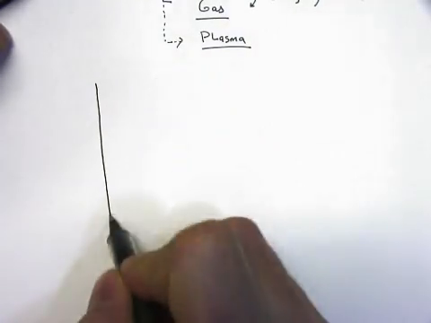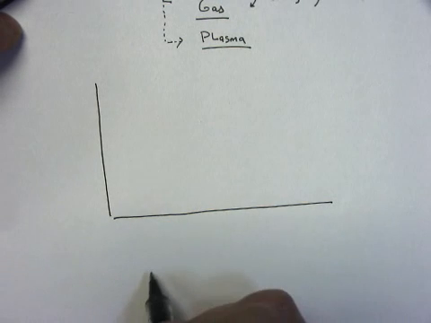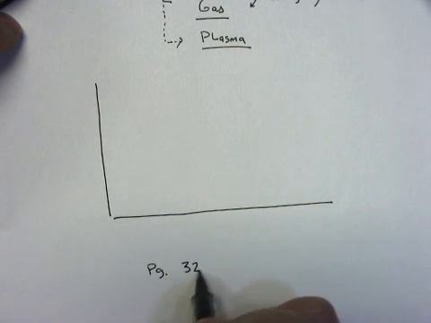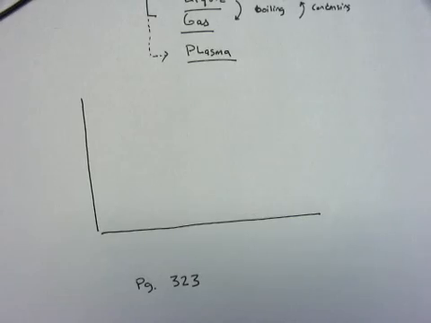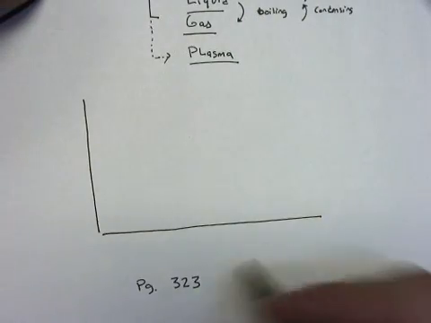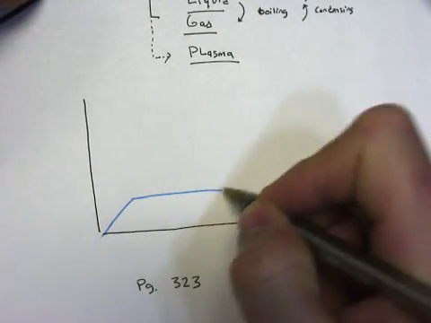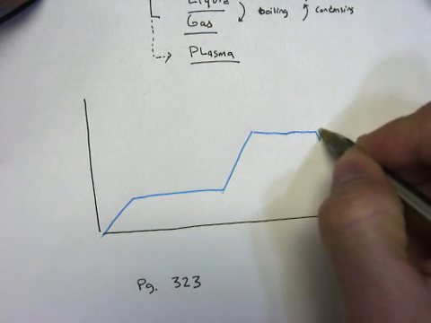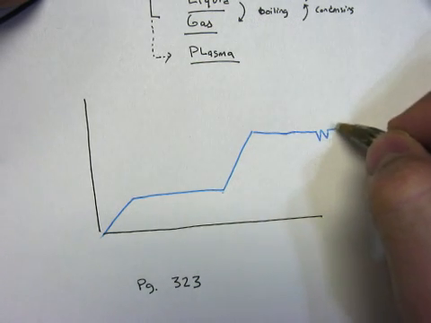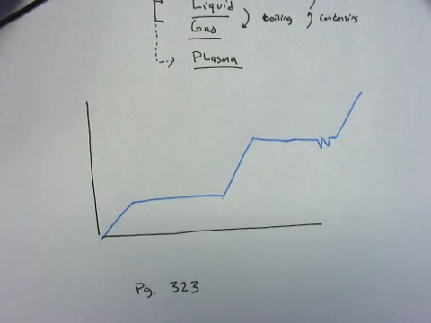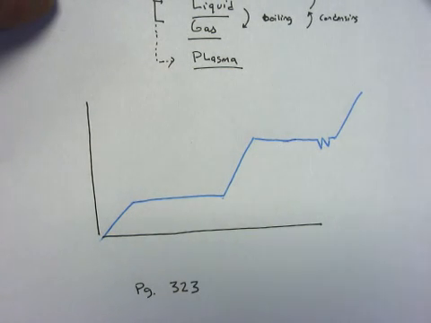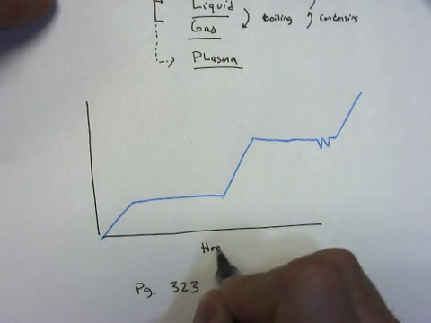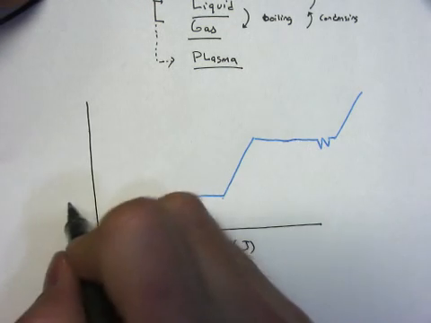What I'm going to do, I'm looking at page 323. And you see this graph right here. In this graph, this is heat down here in joules, and this is temperature.